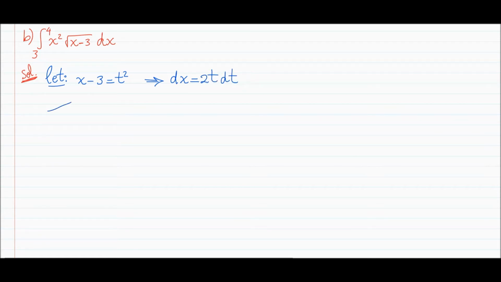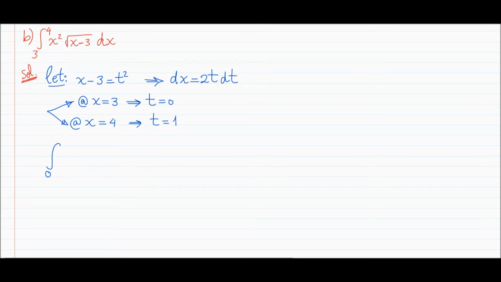And now you have to find the new limits for the integral. So at x equals 3, t will be 0. And at x equals 4, t will be for sure 1, since it's a positive value. Now I have to write the new integral. Instead of 3, I write 0.